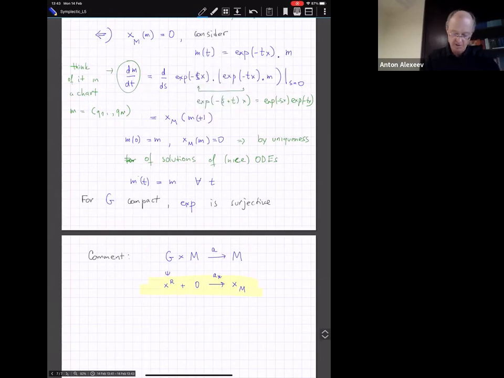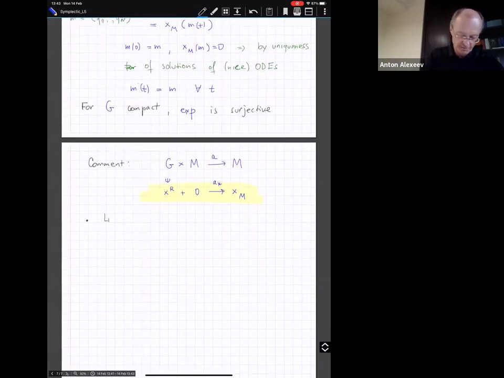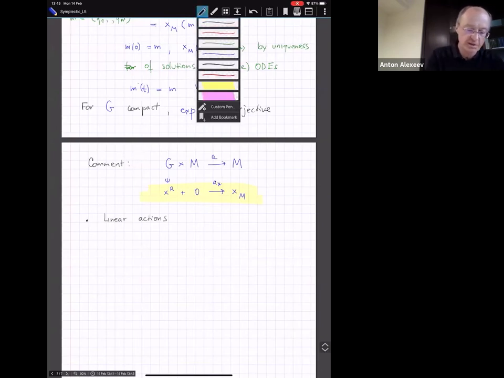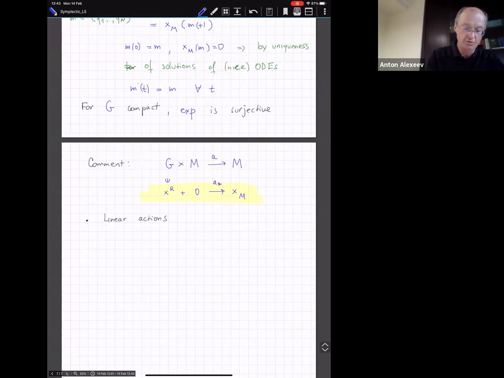All right. So I want to dive back to the linear actions. But sorry, I forgot an important thing. Let me state a theorem, and this theorem is actually an exercise in the next problem set. So this theorem says the following. Suppose we take any two elements of our Lie algebra.